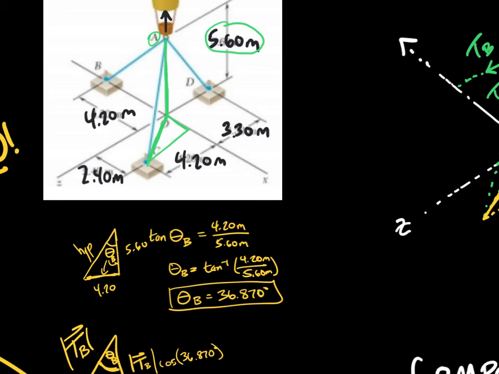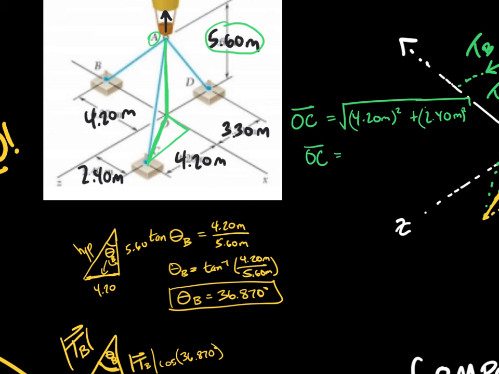So if I know those two things, then the length of OC is going to be the square root, using the Pythagorean theorem here, of 4.20 meters squared plus 2.40 meters squared. So OC then equals 4.84 meters essentially. Okay, so that's good.